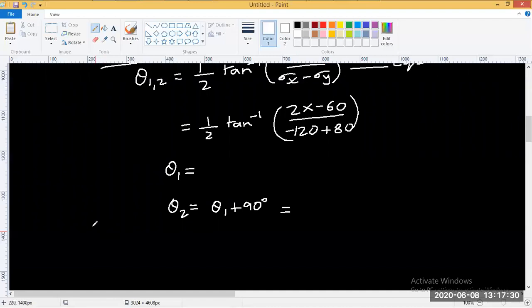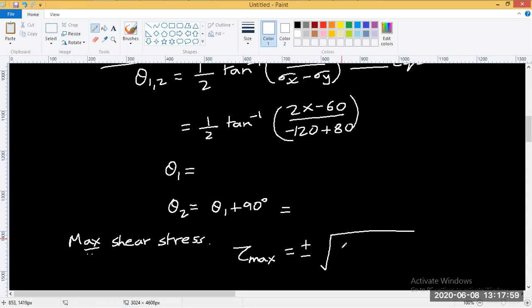Next part, we'll move on to the maximum shear stress. So maximum shear stress is given in an equation. Tau max is equal to plus or minus square root of sigma x minus sigma y by 2 whole square plus tau xy square.